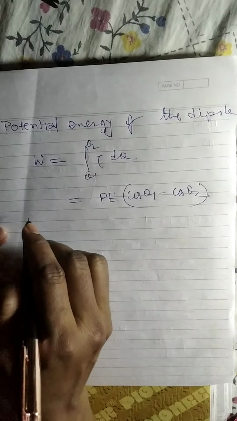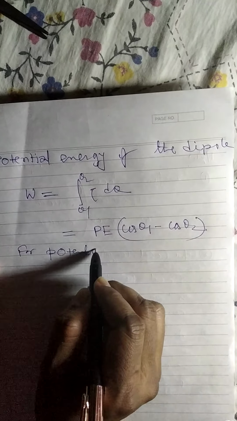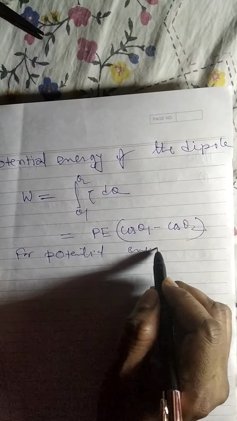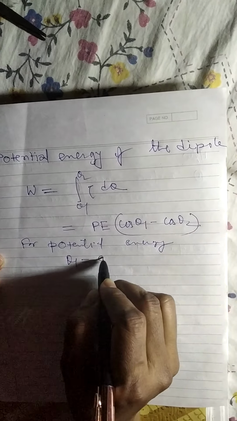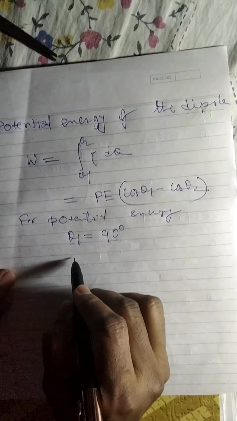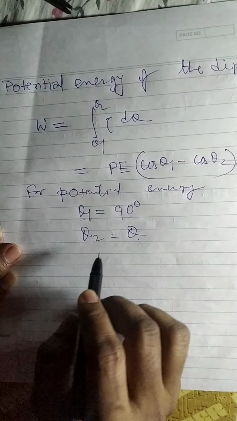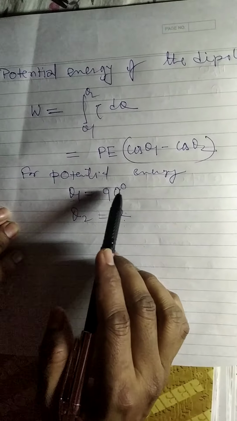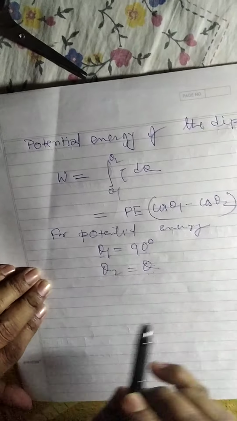But when we are talking about the potential energy possessed by the dipole, we have to start our rotation from theta 1 equal to 90 degrees, and theta 2 equal to any arbitrary position theta. That is, we are going to find the potential energy when it is at an angle theta with the field.